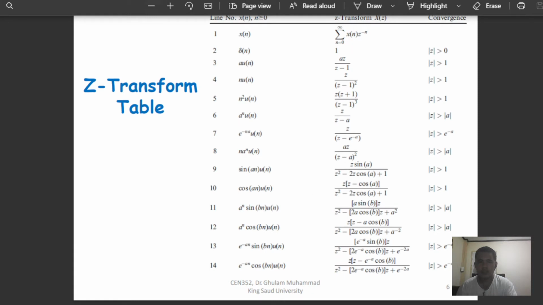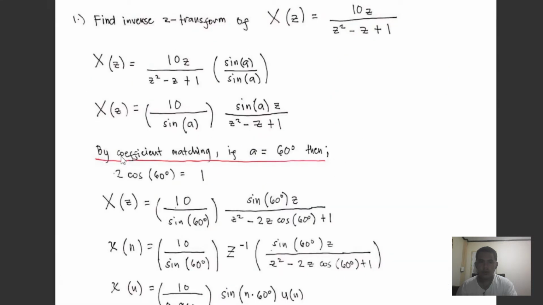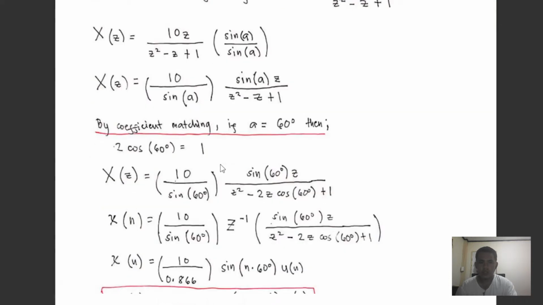By coefficient matching, if alpha is equal to 60 degrees, then 2 cosine 60 degrees is equal to 1. Since this is equal to 1, we can put this into the variable here.